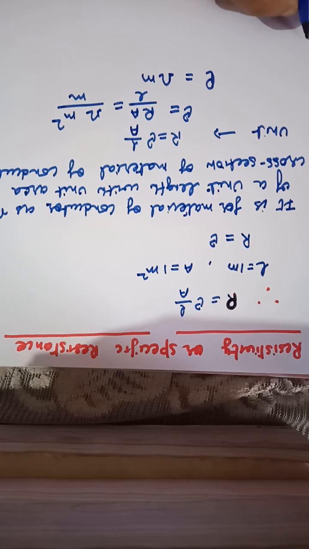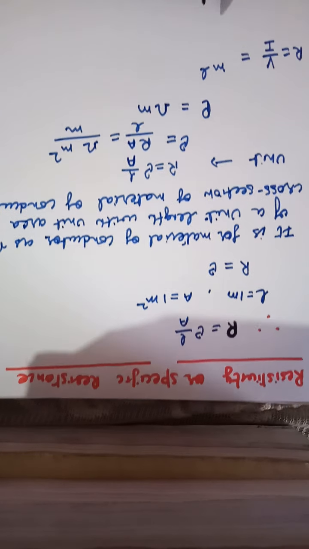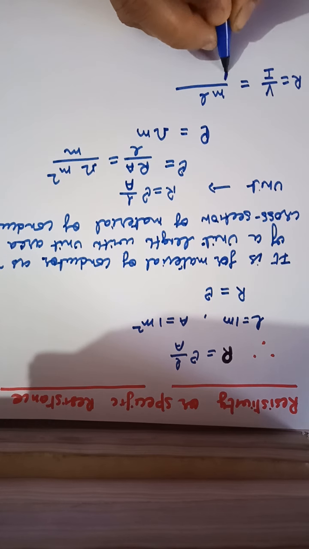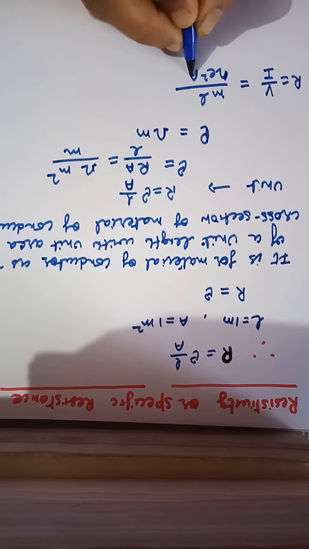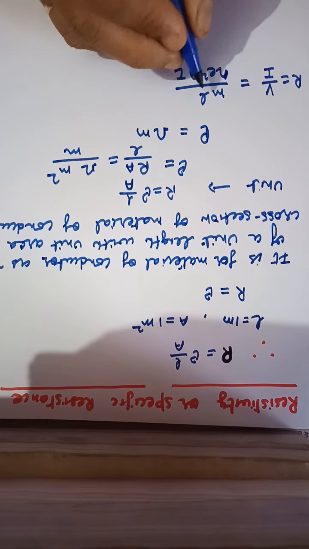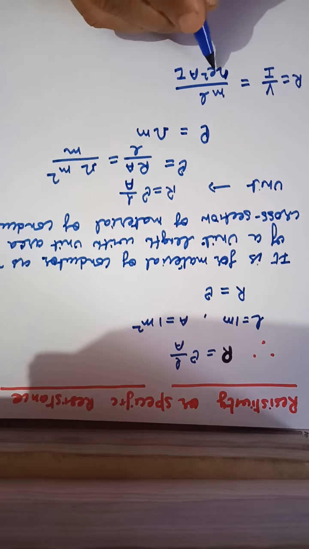Now we have derived the relation V by I, in the derivation of Ohm's law. R is equal to V by I is equal to m L upon N e square A tau. This formula we derived in the derivation of Ohm's law.